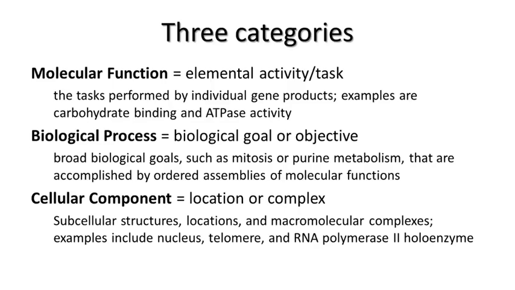For example, mitosis or purine metabolism. The cellular component describes the subcellular structures, locations, and macromolecular complexes that the gene product belongs to. For example, nucleus, telomere, and RNA polymerase II holoenzyme.